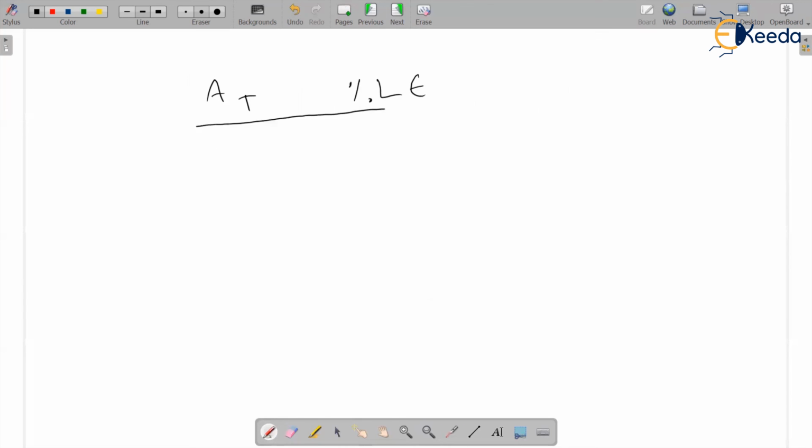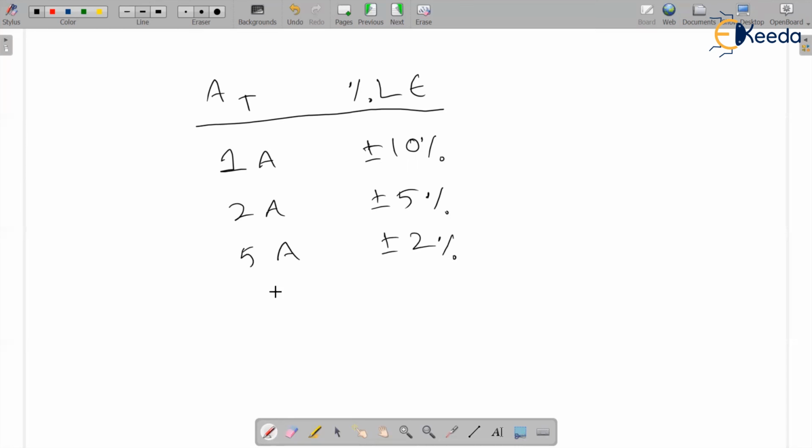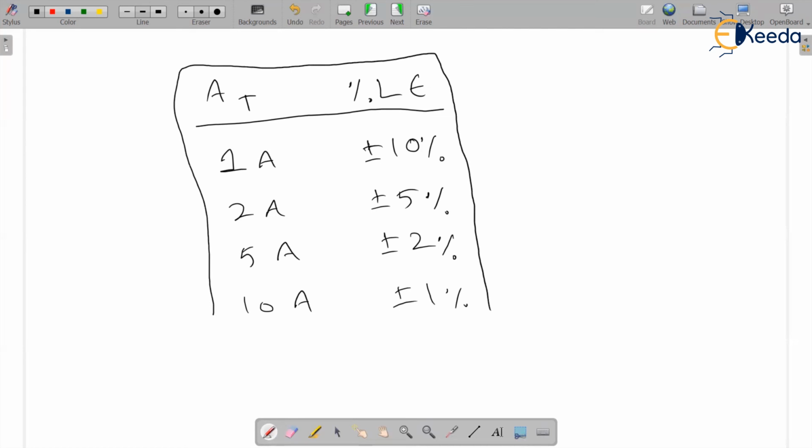When my true value is 1 ampere, I am getting plus or minus 10%; for 2 amperes, plus or minus 5%; for 5 amperes, plus or minus 2%; and for 10 amperes, plus or minus 1%. Now, observe here.